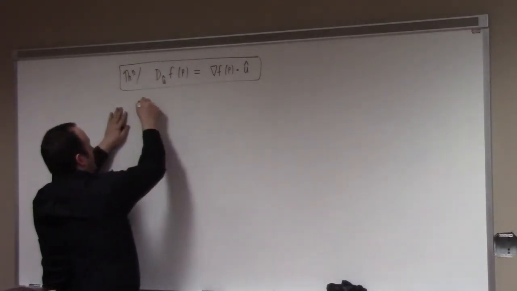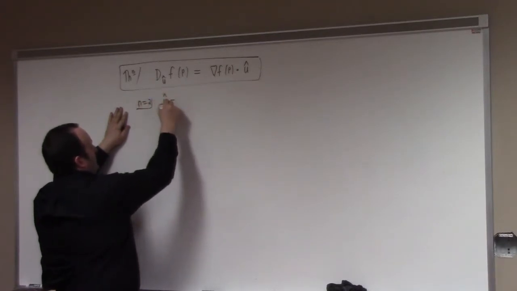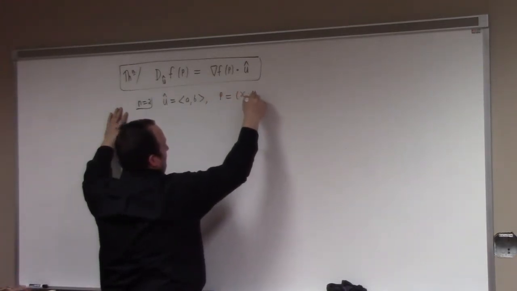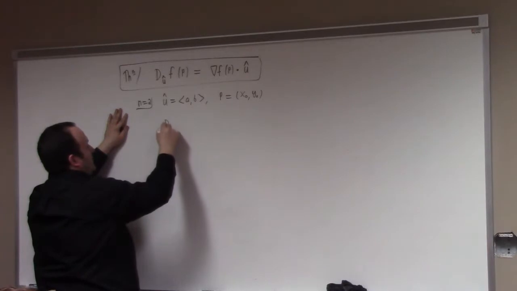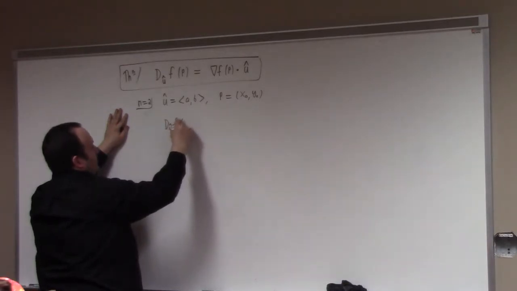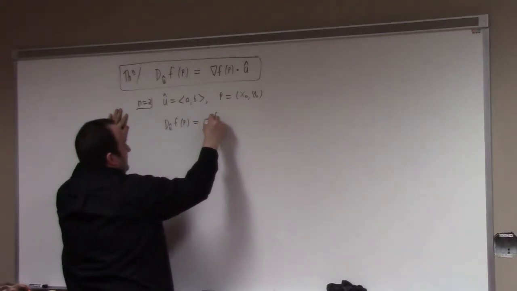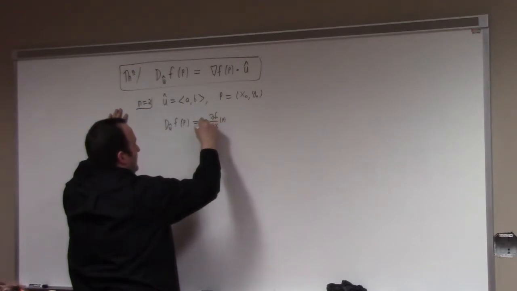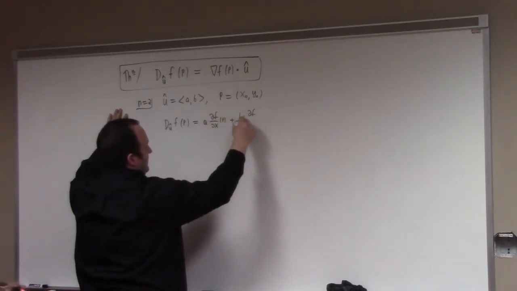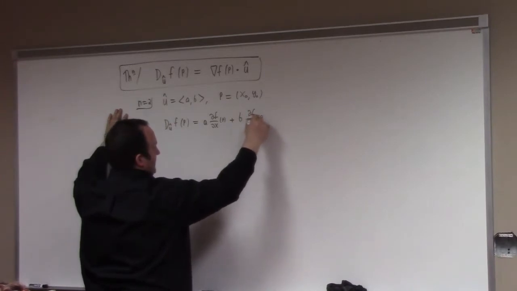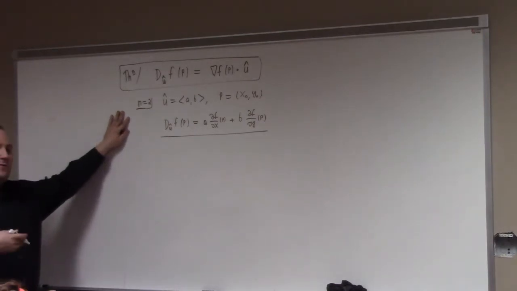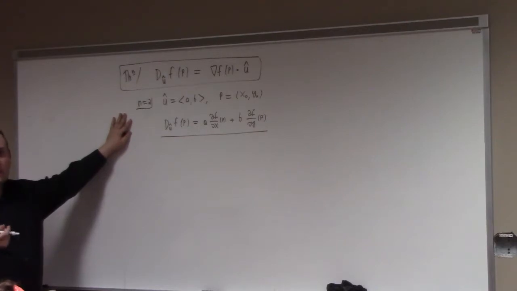For n equals 2, if u-hat is (a, b), and the point P is (x naught, y naught), then this becomes the directional derivative in the u-hat direction of f at P equals partial f partial x at P times a plus b times partial f partial y at P. Now, guys, what did we learn about dot products? Let's think about this. This describes the rate of change of the function at the point P in any direction u-hat.